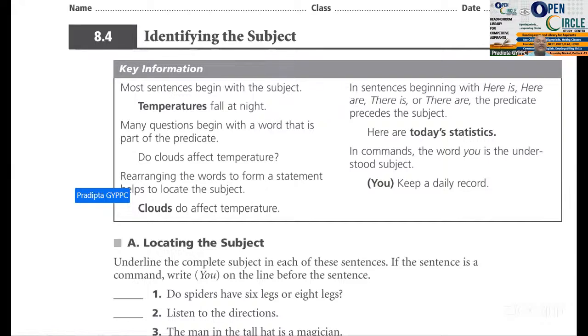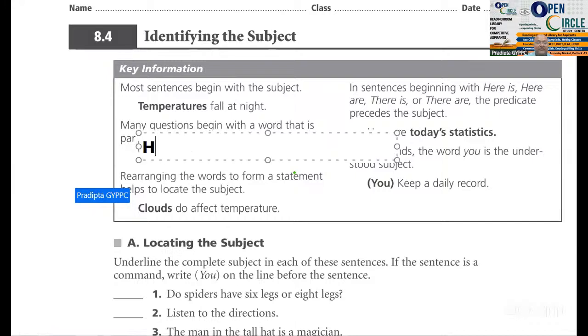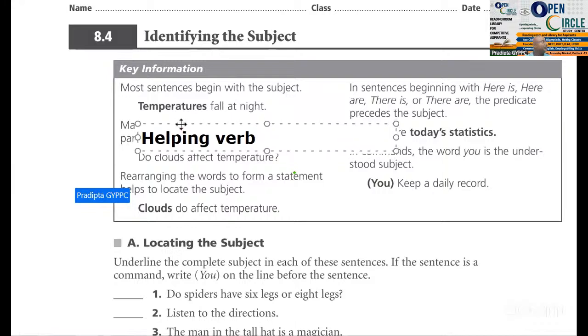Do is called a helping verb, because in questions, helping verbs come to the beginning. Are you a teacher? Are you going there? Does he like chocolates? Did he work?